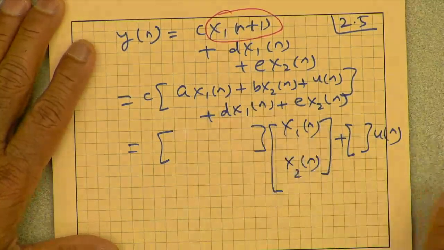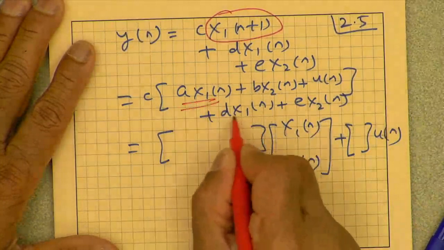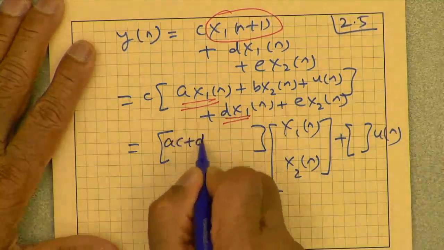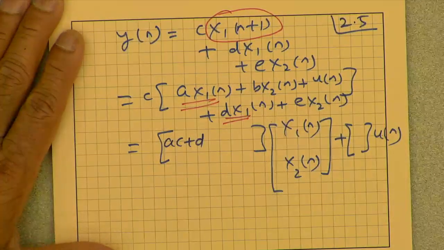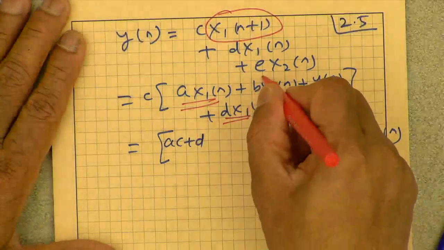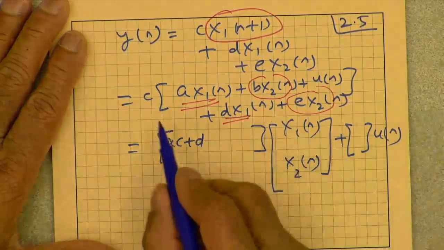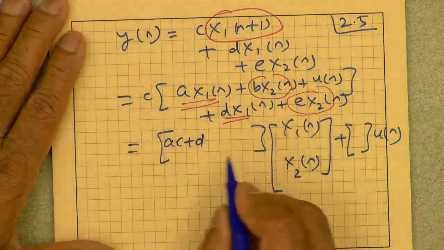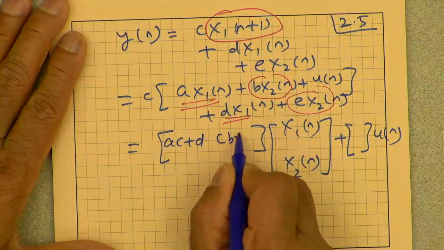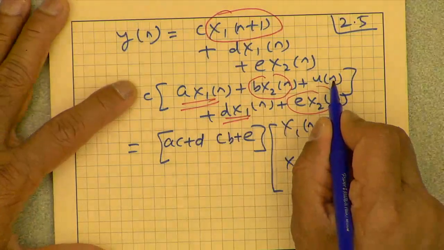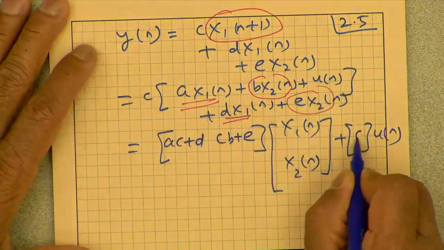If I collect the terms containing x1 together, that is A times C plus D, and the terms containing x2 together, that is C times B plus E, and then the coefficient of the input u is simply C.